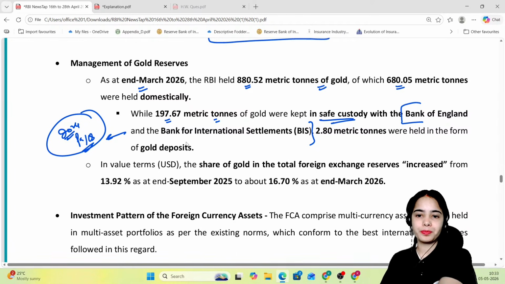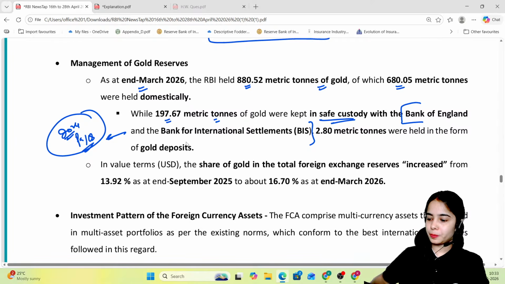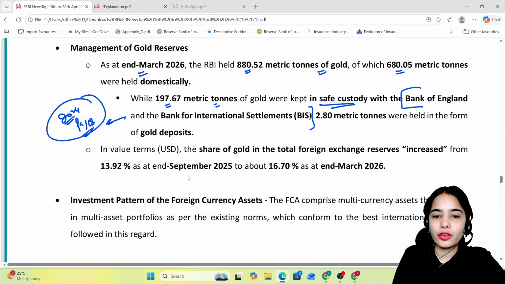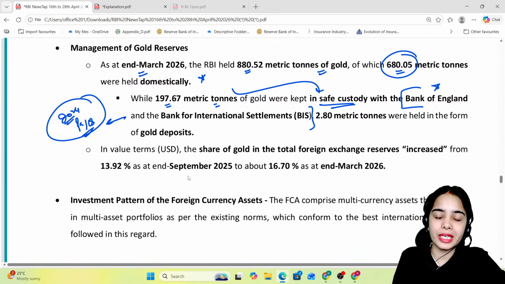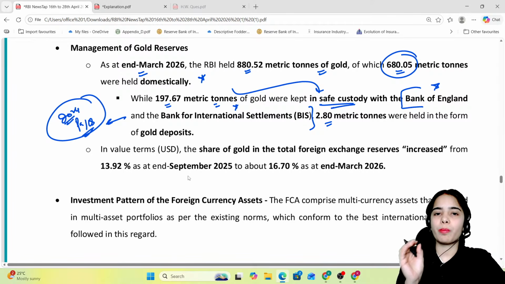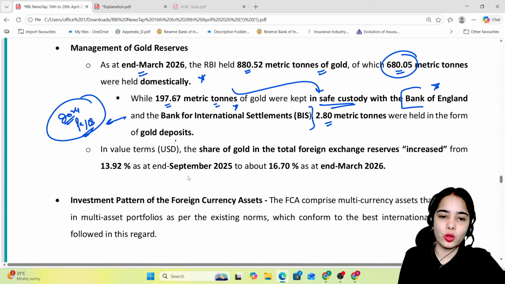So this is the idea, that a major part of the gold is held domestically, but a part of the gold is also held in safe custody with the Bank of England and the Bank for International Settlements. 2.80, that means a very small part of the gold is held in the form of gold deposits.